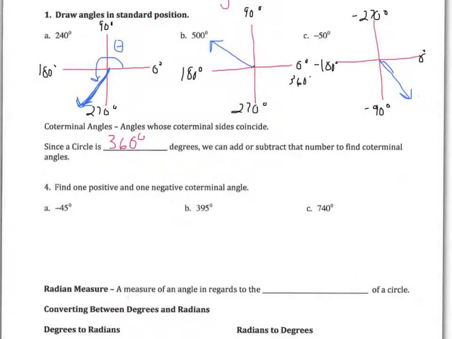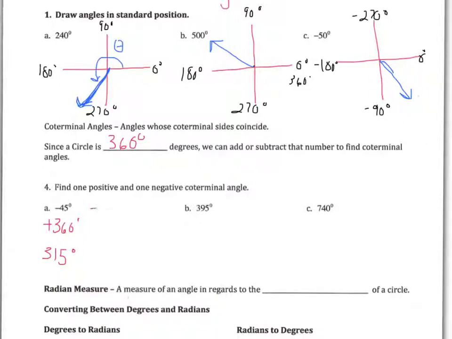So for number 4, we want to find one positive and one negative coterminal angle. So for negative 45, to find a positive coterminal angle, I can just add 360 to that, and I would get 315. So if I drew the angle negative 45 degrees and I drew the angle 315, they should end up in the same spot.